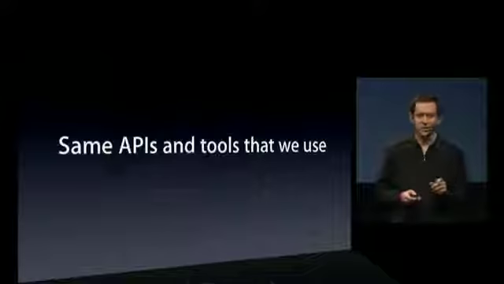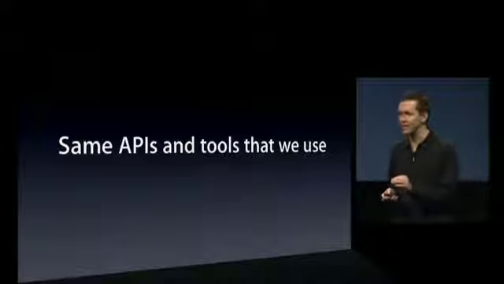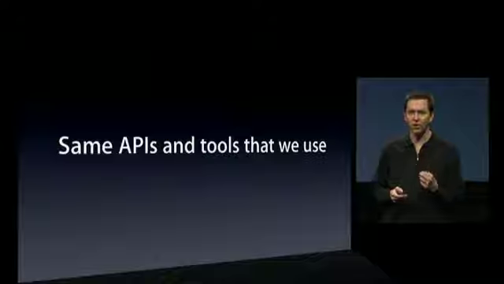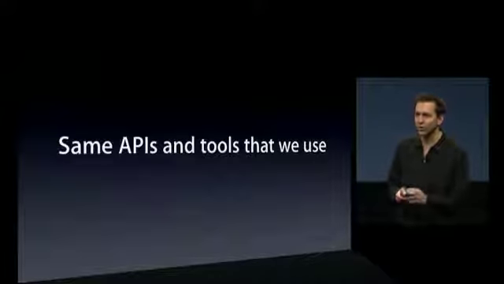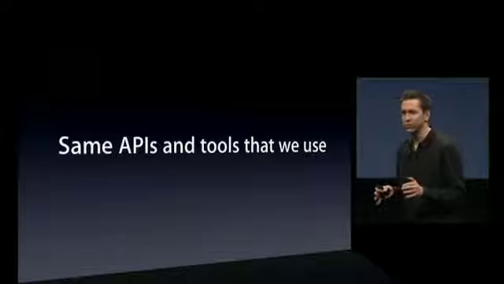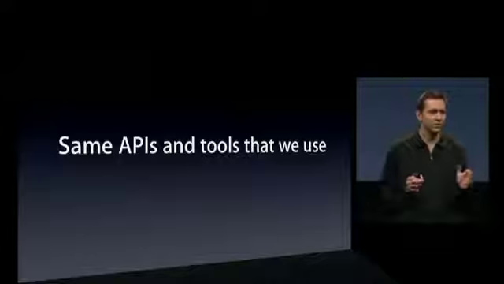A year ago, we announced the native iPhone SDK. And with it, we enabled developers to use the same native APIs and tools that we use internally to build all of the applications that ship as part of the iPhone. Now, our goal here was to make developers successful.